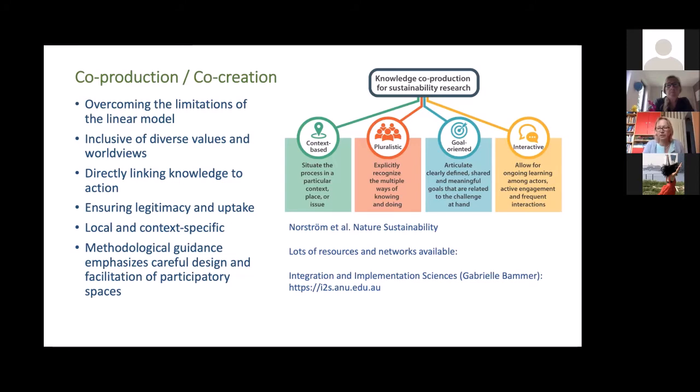And I thought I would mention specifically the initiative that Gabrielle Bammer is running in Australia on what she calls integration and implementation sciences, which contains lots of blogs, lots of articles on how to do this well. So I hope that this is also useful for the context of public health.